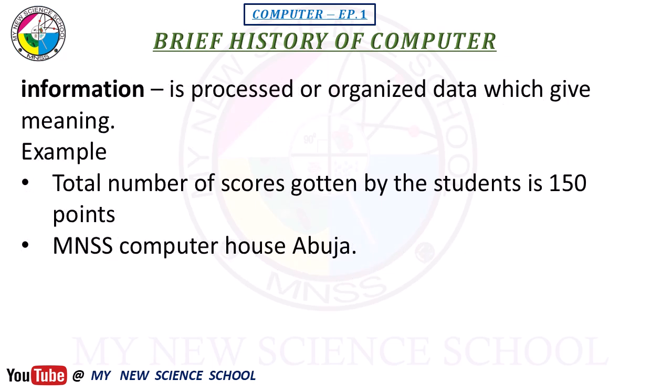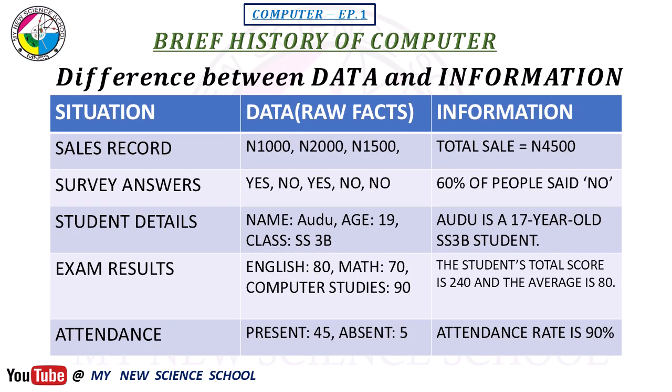Then the last thing is that we want to differentiate further between information and data so that you will not confuse the two whenever you are asked to differentiate them. So this table gives us some examples of situations where data can be given, and we also extract information from the given data.